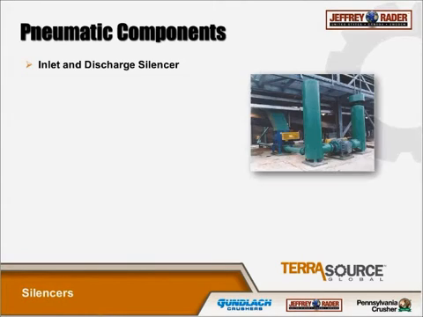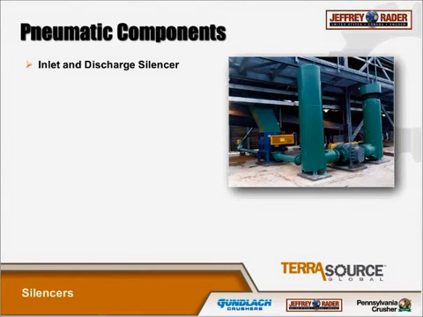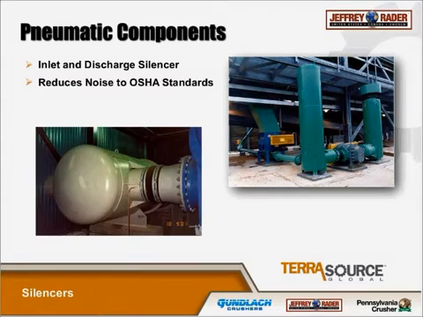You have inlet and discharge silencers. These are very important because the compression of air in a blower creates noises and pulses. So the noise is uncomfortable, and you'll need to lower it to within OSHA standards. You might damage some equipment around the blower without these silencers.